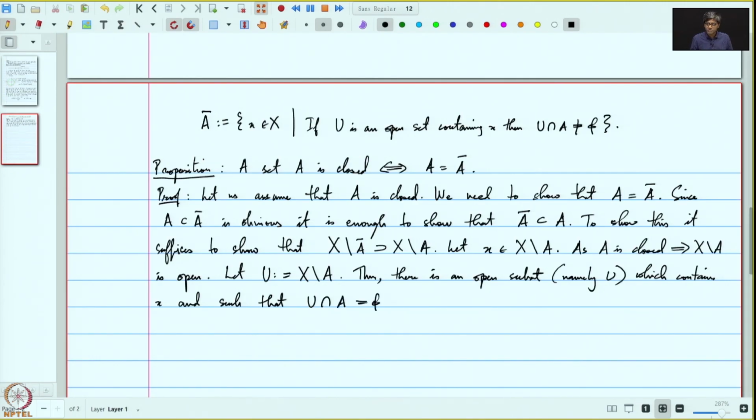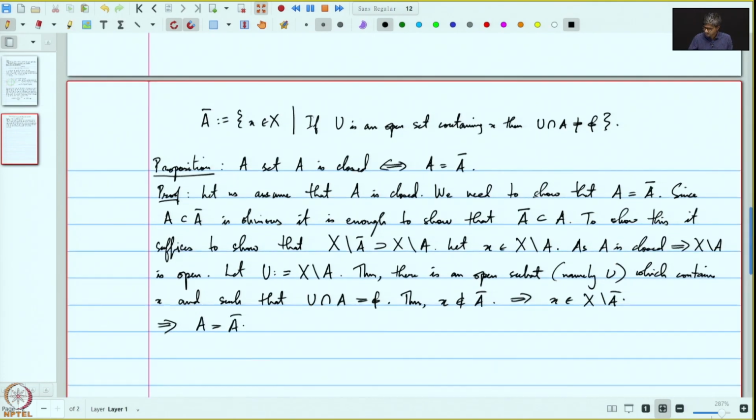U is defined to be the complement of A, so therefore U intersection A is empty. Right? So thus x does not belong to A closure, A bar if you like, by the definition of this A closure. So this implies that x belongs to X minus A closure. So thus we have proved this, and therefore we have proved this, right? Okay. So this implies that A is equal to A bar. That proves one direction of the proposition.